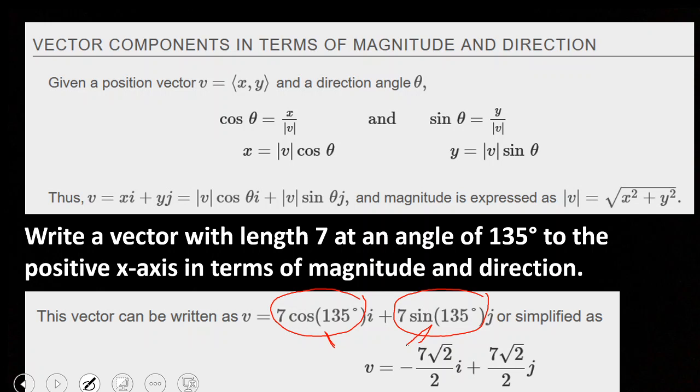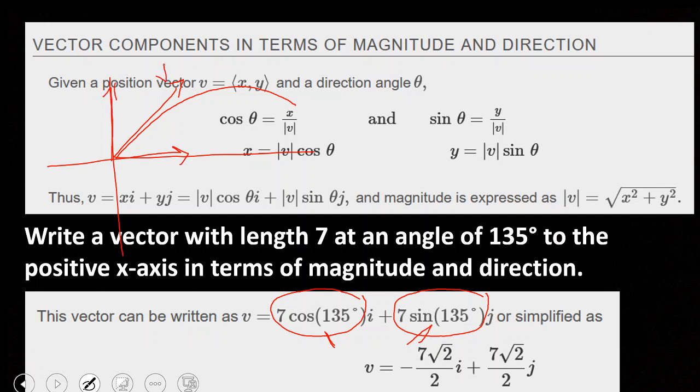All right, for example, if you throw something at a certain angle, then the path of the object can be explained using the horizontal and vertical components of the velocity.